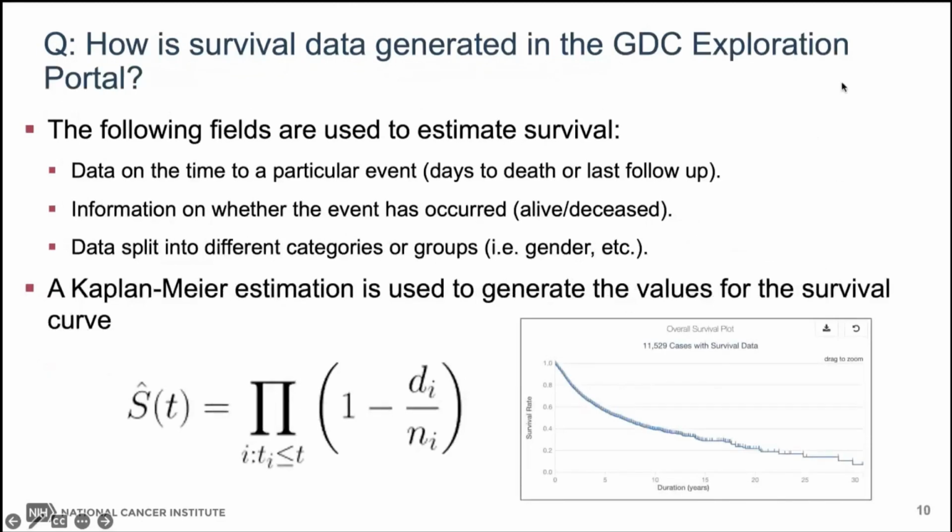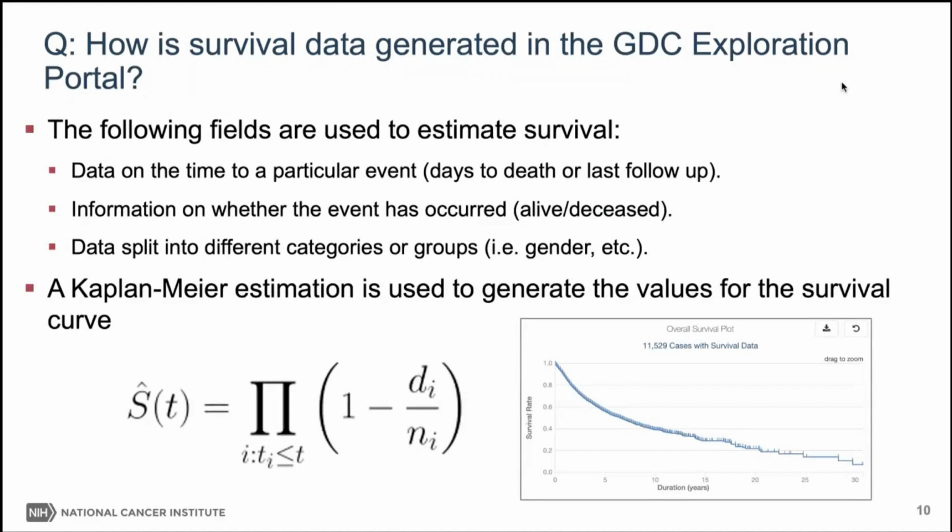The next question, how is survival data generated in the GDC Exploration Portal? When you go to the GDC Exploration Portal, one of the things that will likely catch your eye is the survival plot that is kind of dynamically generated as you filter different samples in the exploration portal.